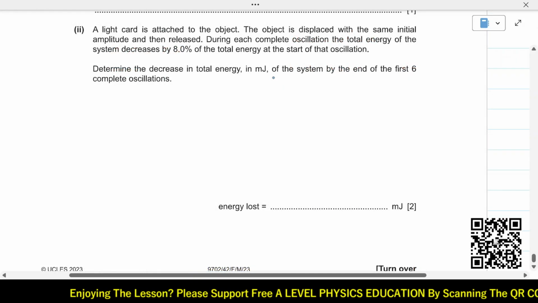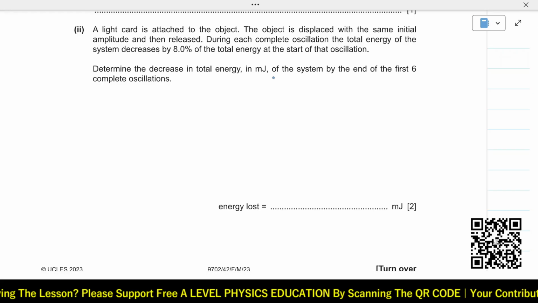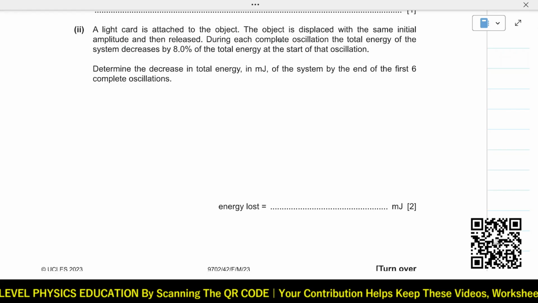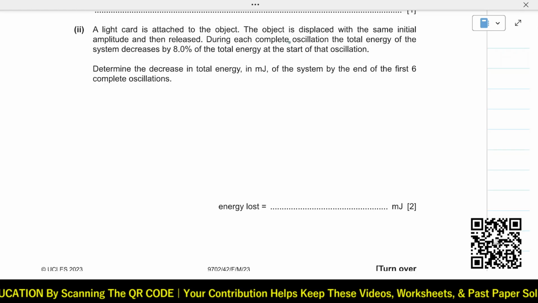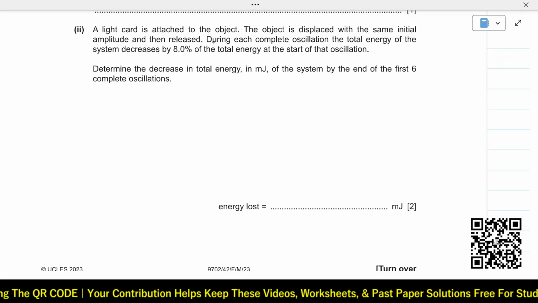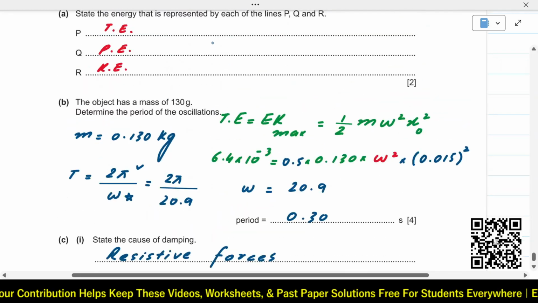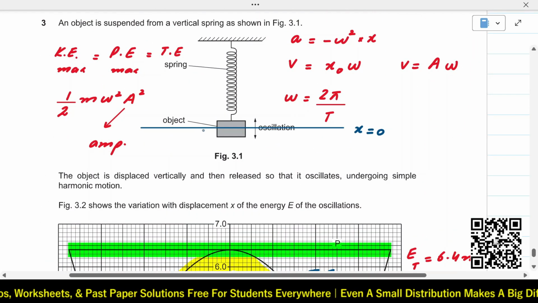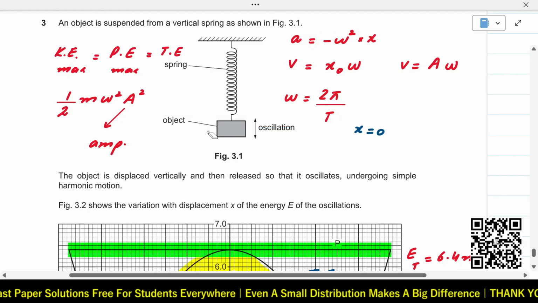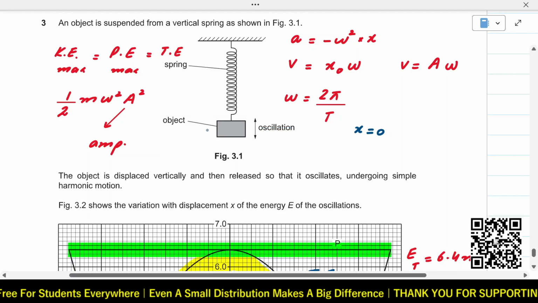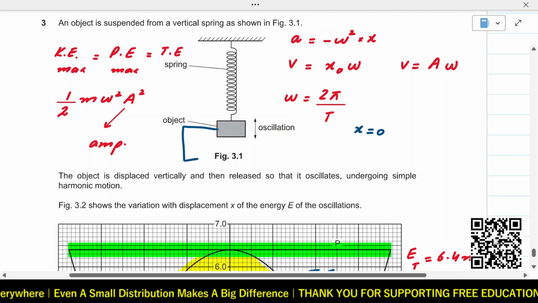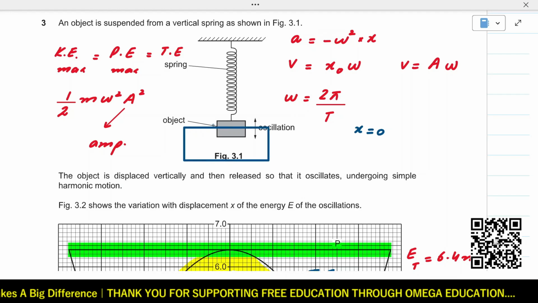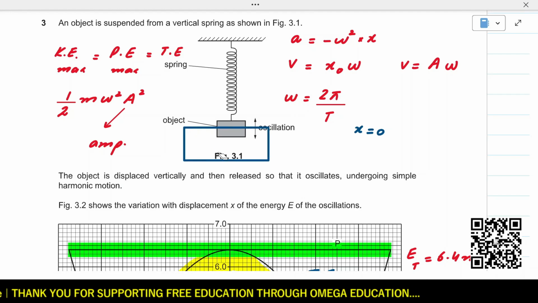Then we have the next one. A light card is attached to the object. The object is displaced with some initial amplitude and then released. So, a light card. Now the object looks something like this. Just try to visualize it. We have a small card which is attached to this block. Now it could look something like this.